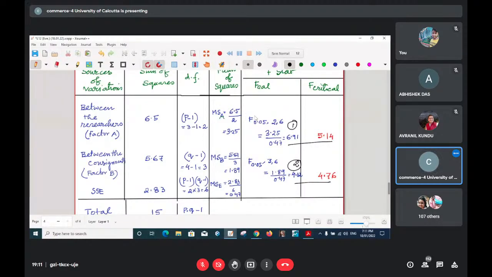It means the alternative hypothesis is rejected. So my conclusion is that there is no significant difference between the consignments. That means variations are not coming due to consignments; variations are coming due to researchers.